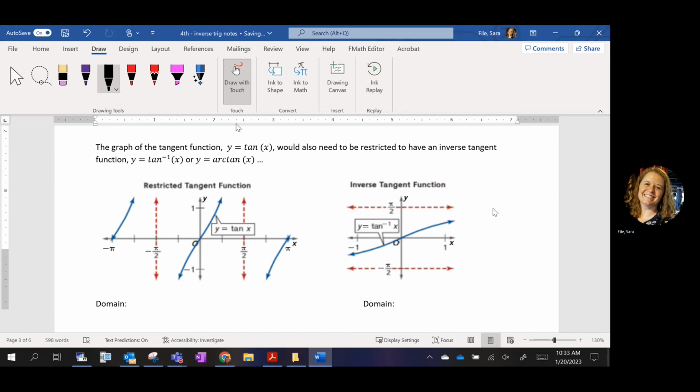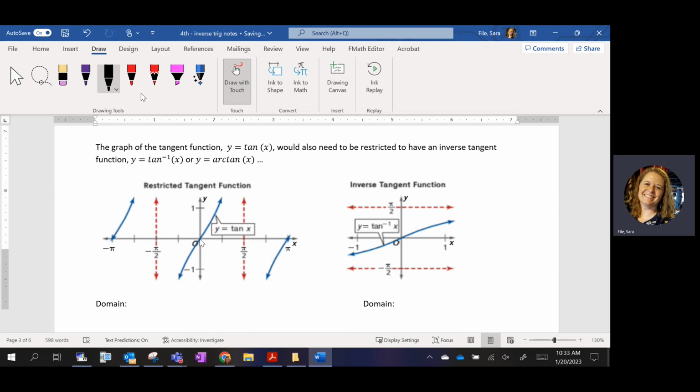Tangent is sine divided by cosine, right? It was the graph that when we graphed it, it had the vertical asymptotes everywhere that cosine was 0, because tangent didn't exist where cosine was 0.